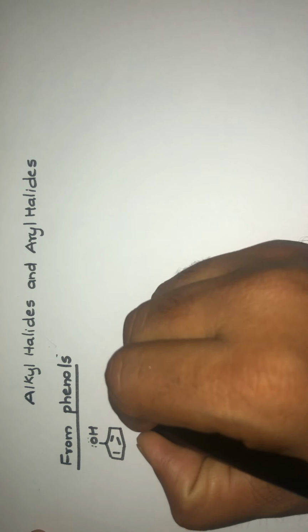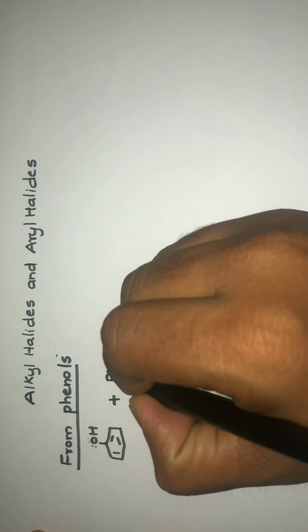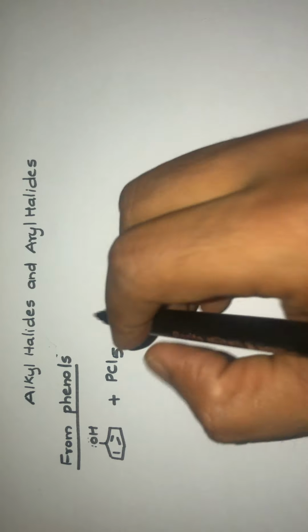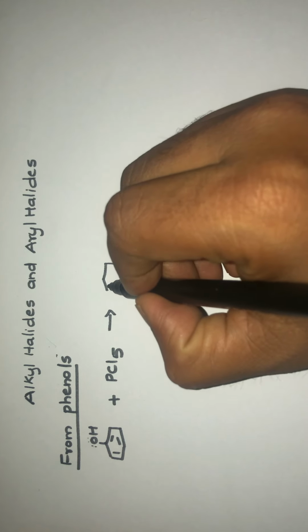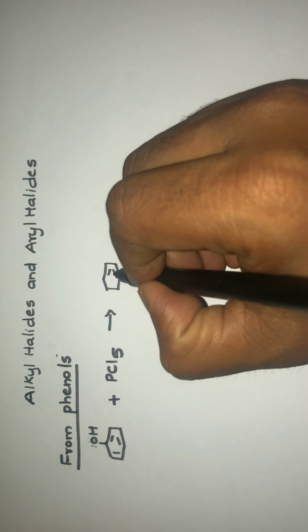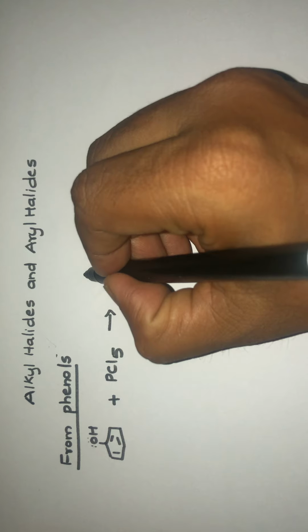But still, phenols when treated with phosphorus pentachloride, PCl5, undergo substitution to give chlorobenzene.